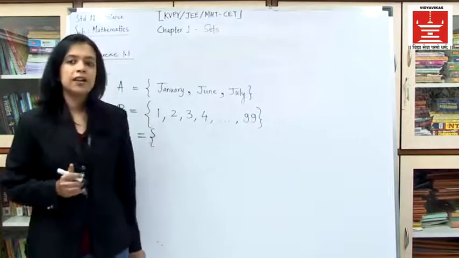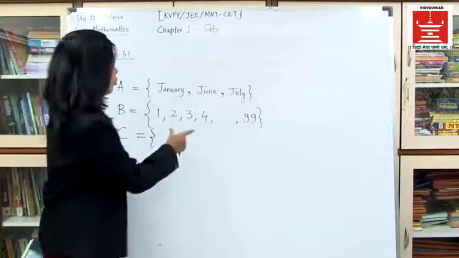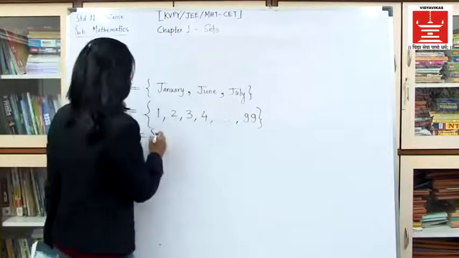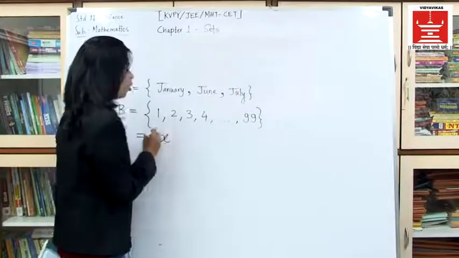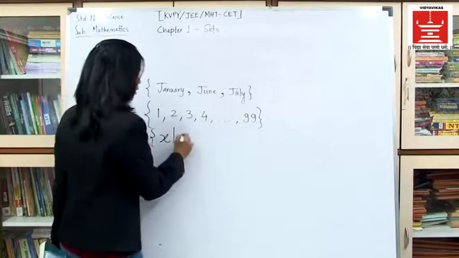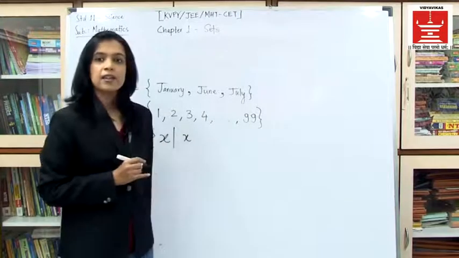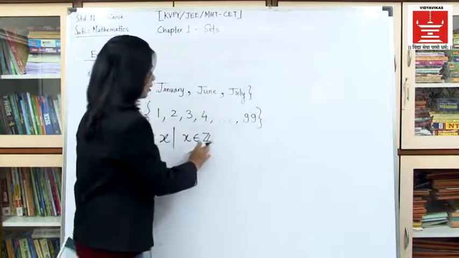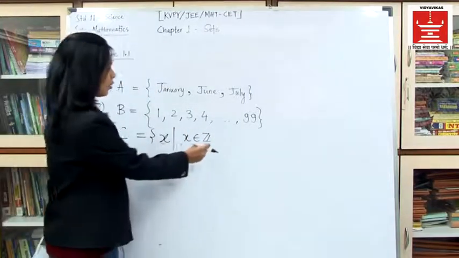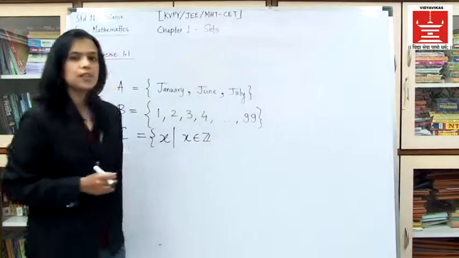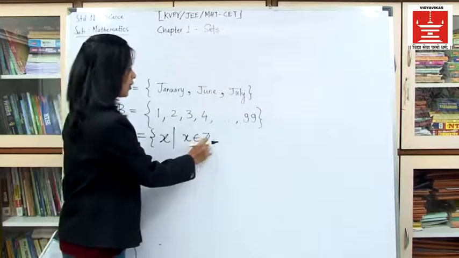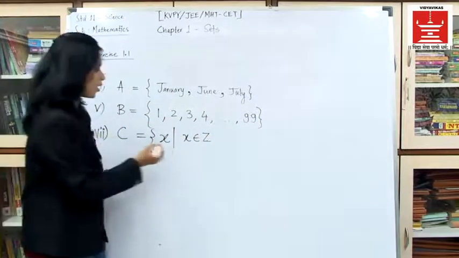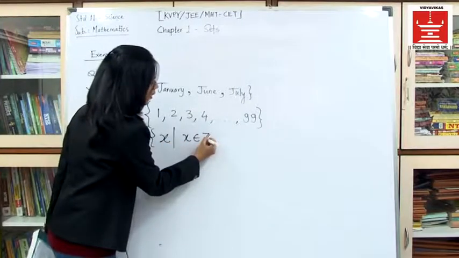So this you can in fact write in the set builder form instead of writing it in the roster form, the listed form. You can say that it is the collection of all x such that x is an integer. Again, this is the notation to denote the set of integers, script Z. It is a plain capital Z with an extra line added to it.